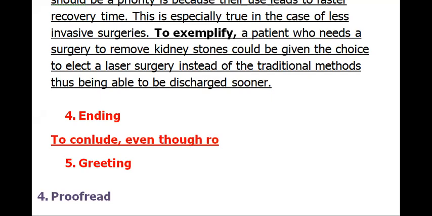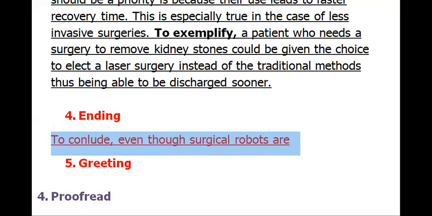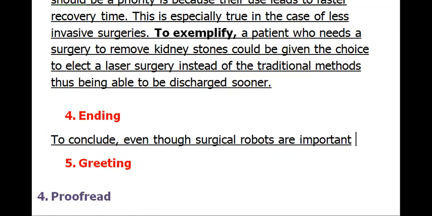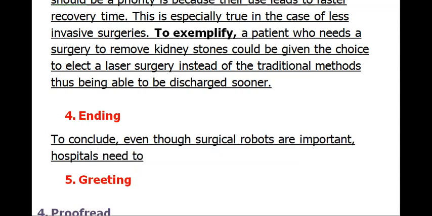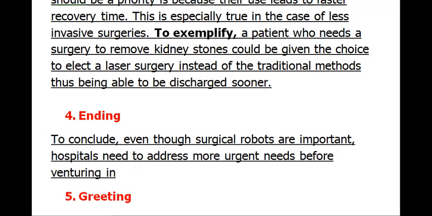Even though I say surgical robots are important, even though surgical robots are important, hospitals need to address more urgent needs before venturing into investing in this technology.